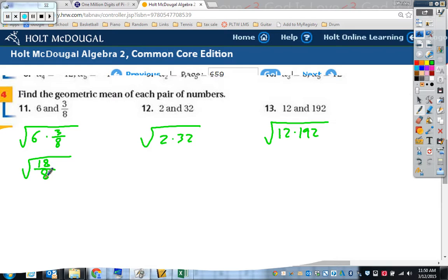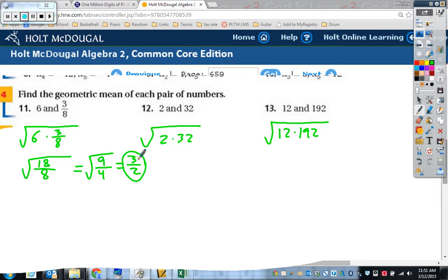I know that 2 goes into both of those, so that's the square root of 9 over 4. The square root of 9 is 3, and the square root of 4 is 2. So my answer is 3 over 2.